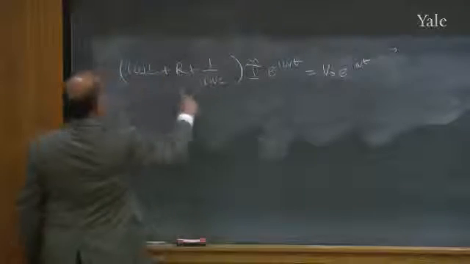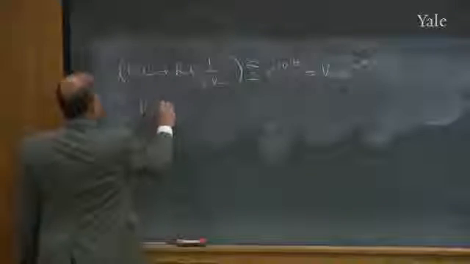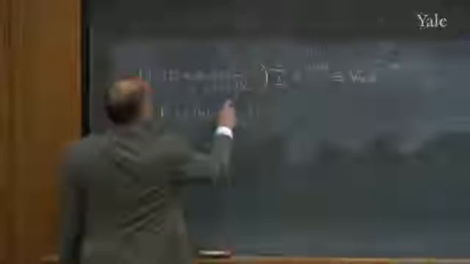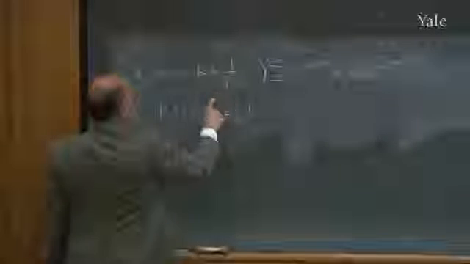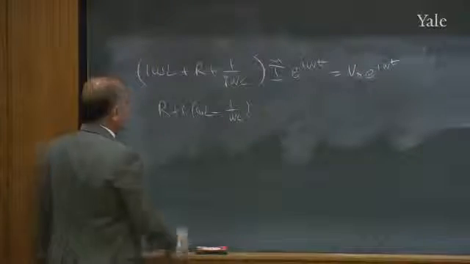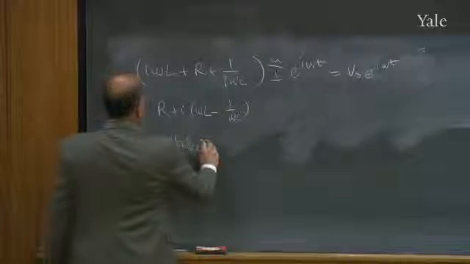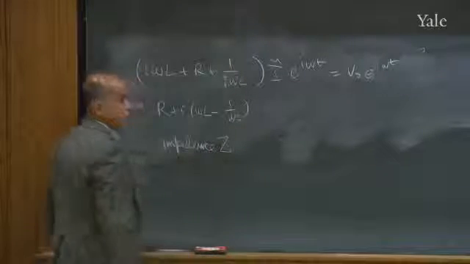So this is a complex number, R + i(ωL − 1/(ωC)). I want you to know that i in the bottom is like minus i in the top. And this is called the impedance, Z.